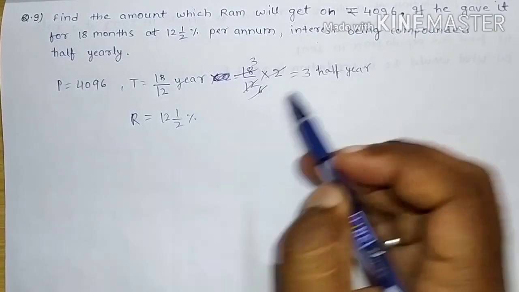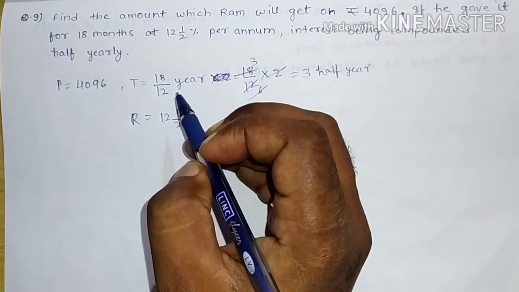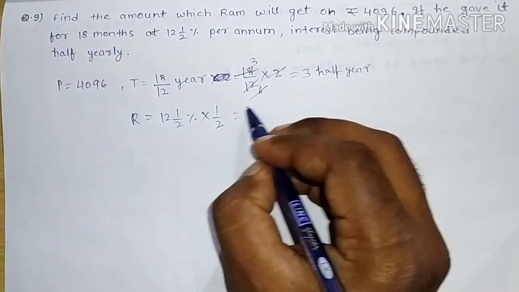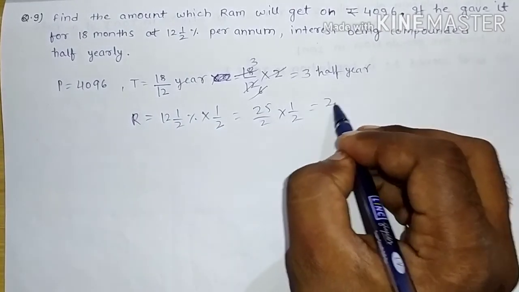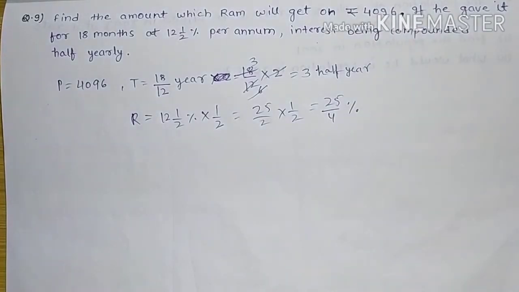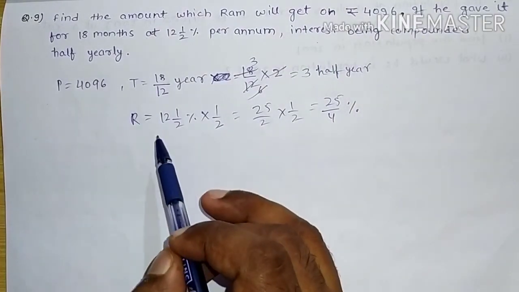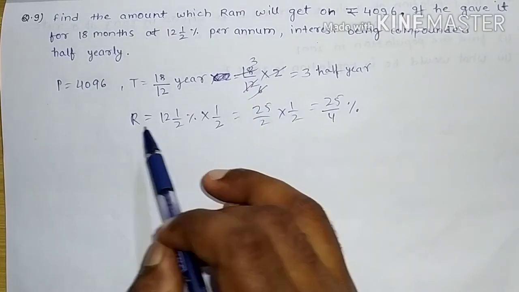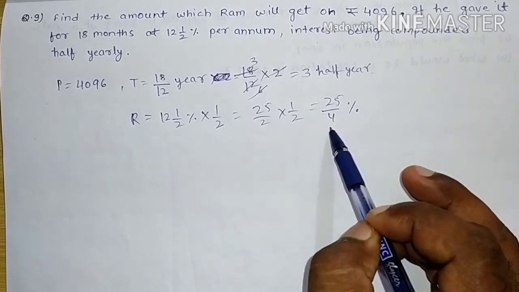As the interest is compounded half yearly, we have to divide by 2. So 12.5 is 25 by 2, into 1 by 2, so 25 by 4%. So just multiply the time by 2 and divide the rate of interest by 2. So this is 3 half years and 25 by 4%.